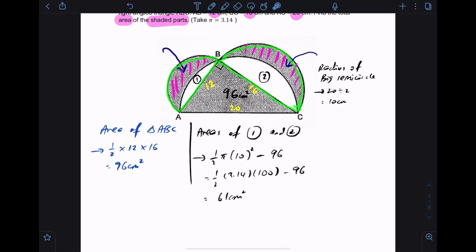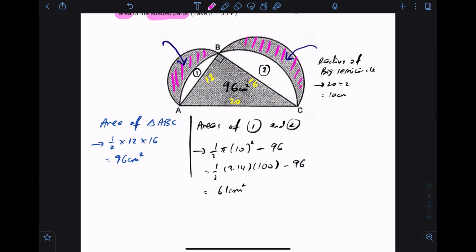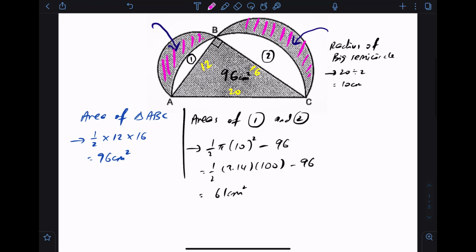But once we find these 2 semicircles, we can take the sum of it minus 1 and 2, to get the shaded parts, which we already have, 61. So let us find the area of the small and the medium size semicircles.